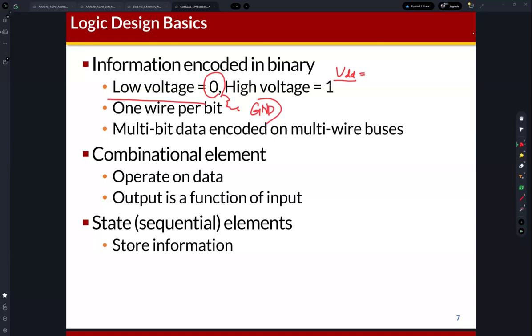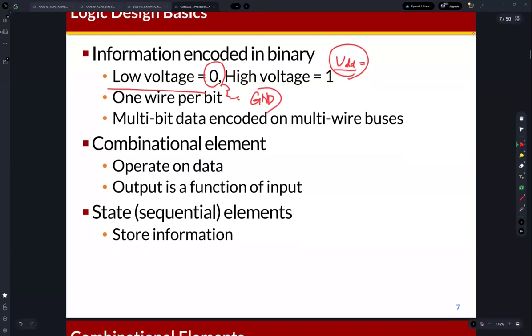A CMOS circuit just interprets the high voltage as 1 and the low voltage as 0, but I will explain more about this. So you can just understand the digital system like this. It's actually very simple. This is the input and this is the output.